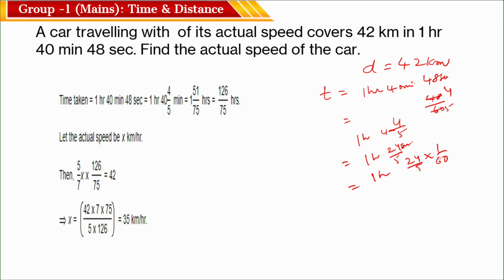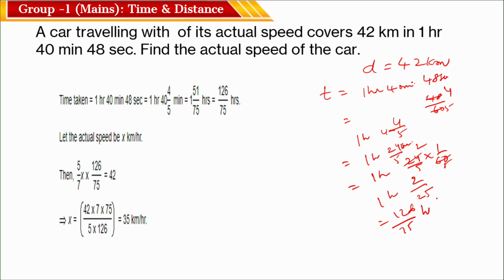So 24 by 5, 1 by 60 means 12 twos, 12 fives, which means 1 hour and this is 2 by 25. 1 hour 2 by 25 means here 1 and 2 by 25, or you can say 25 ones are 25, 27, otherwise you can say 126 by 75 hours.